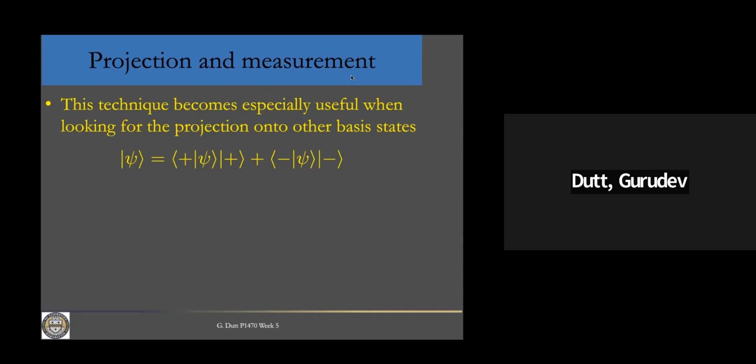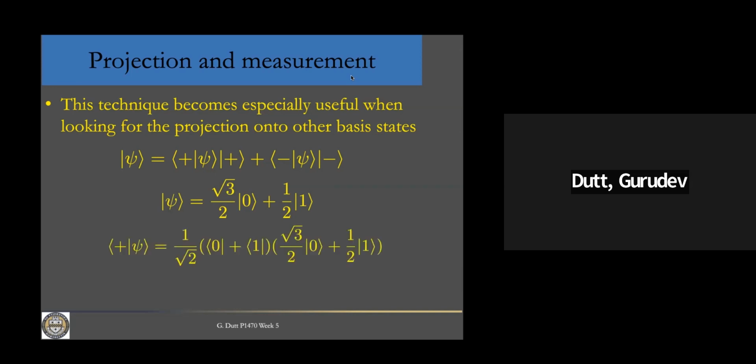Okay. So, of course, we should do it for one state to see how it works in both of the formalisms. So the first formalism is I want to take psi and project it onto the state plus. The state plus is of course 0 plus 1 times 1 over root 2. Here I skipped a step, sorry.